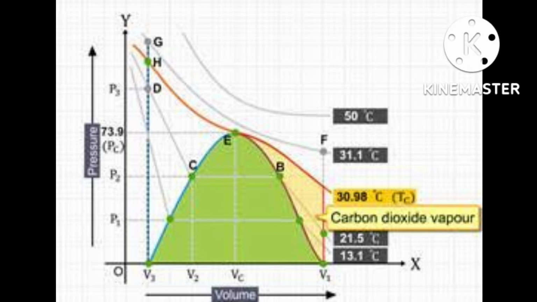Therefore, intermolecular interaction may hold the closely and slowly moving molecules together, and the gas liquefies. Already I have discussed this.